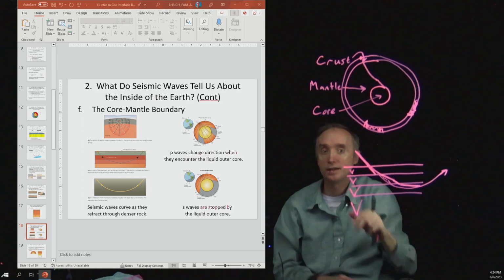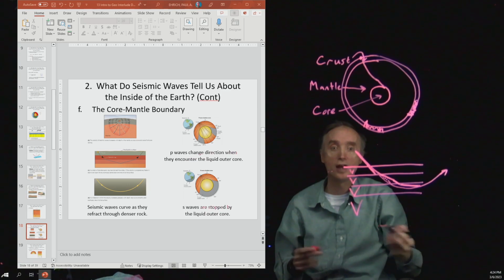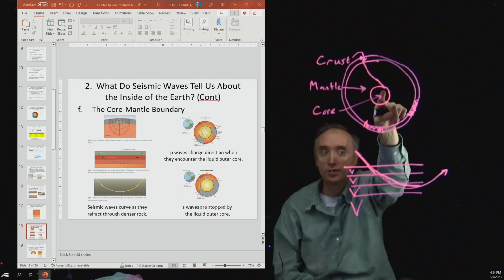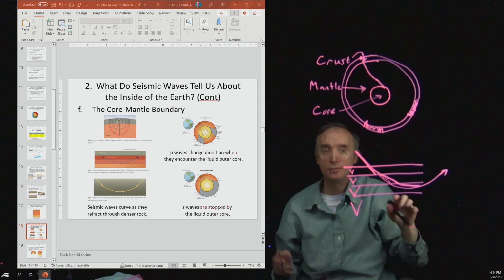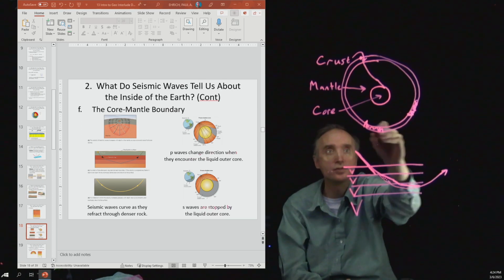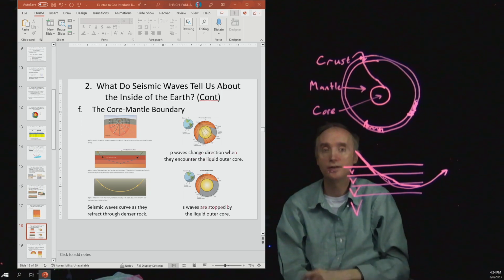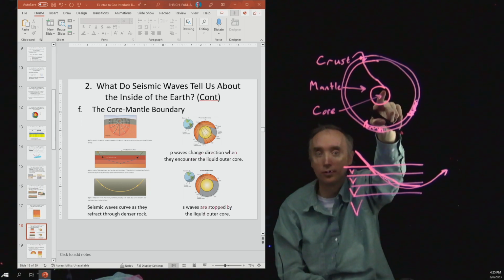So that means it's going to stop the S waves flat. The S waves will not be able to penetrate the core, so they're just going to disappear completely. That means that for all of this right in here, no matter where you put your seismic station, it's not going to detect any S waves, because the S waves cannot penetrate into the core.